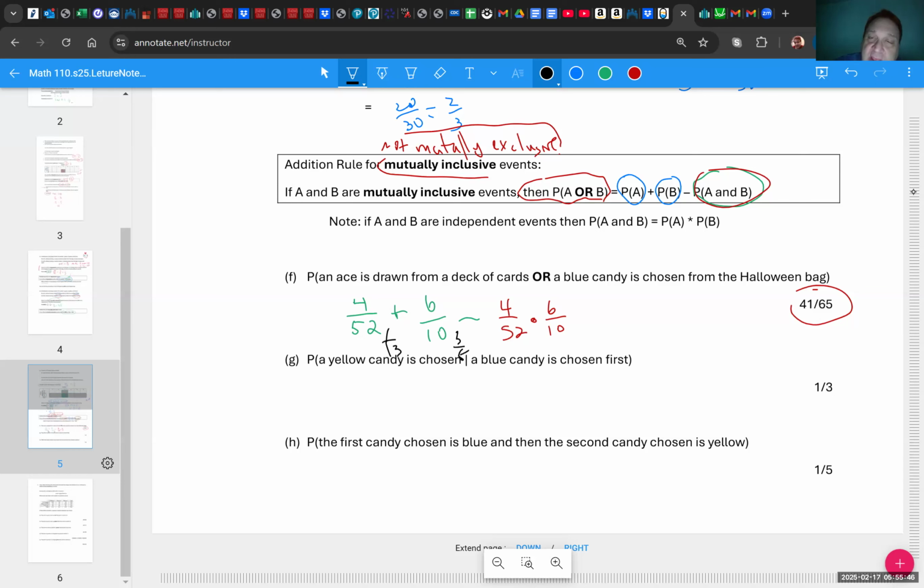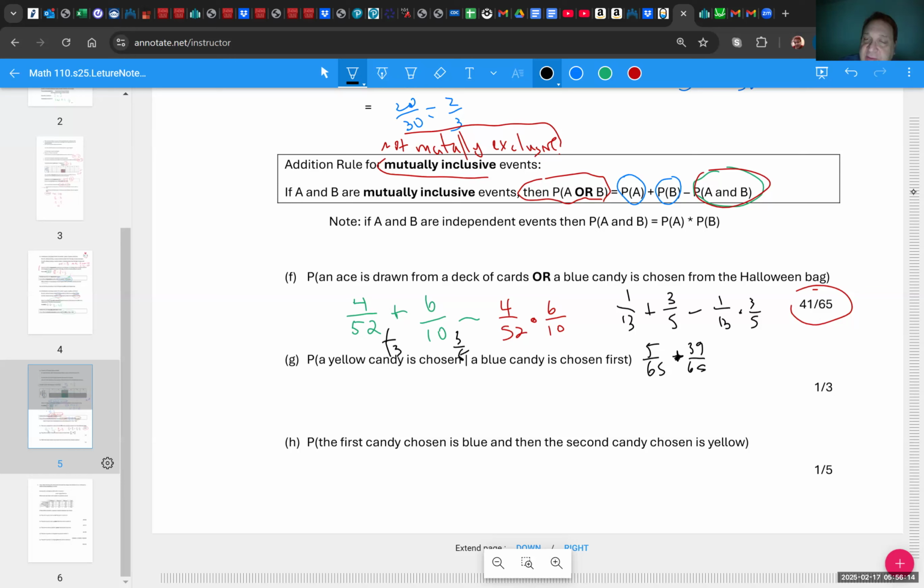And so you would have the formula 1 out of 13 plus 3 out of 5 minus, I have to multiply the two together, 1 out of 13 times 3 out of 5. And these numbers are much smaller, easier to work with. So 1 out of 13 is the same thing as 5 out of 65. And 3 out of 5 is the same thing as 39 out of 65. It's a plus.